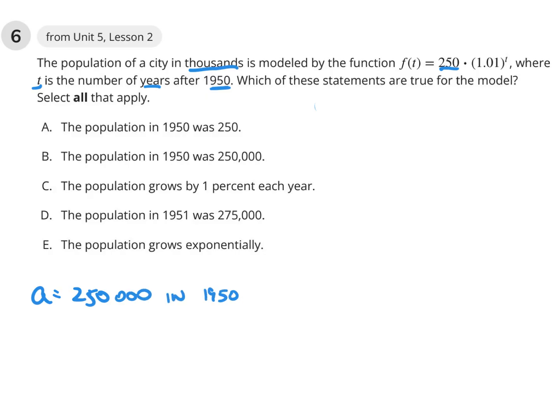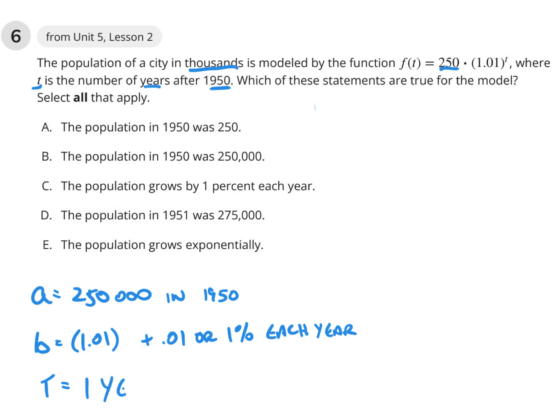That's our start. B is 1.01, which means there's a plus 0.01 or 1% increase each year. And T equals 1 year. So that's what you read in the problem.